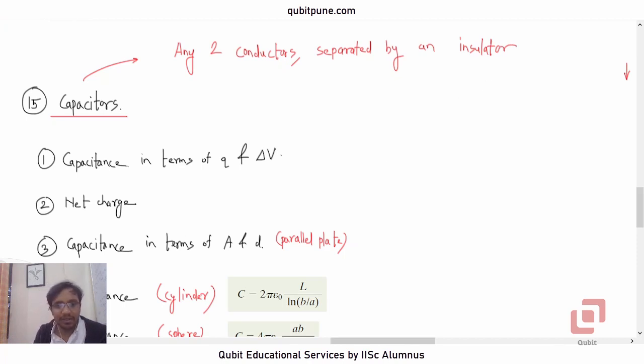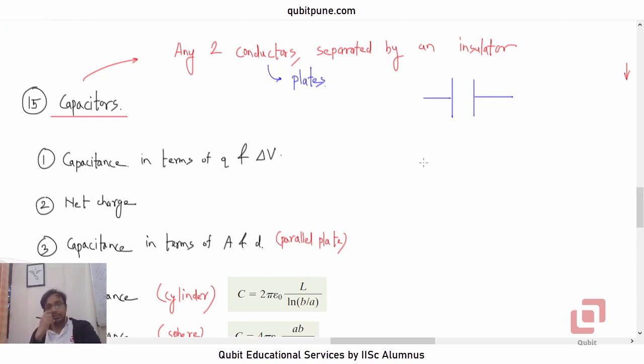There are various configurations, but no matter what the configuration is, the two conductors are often called plates. The most common capacitor that we use for our analysis is a parallel plate capacitor which has two plates. This is the symbol, and even for circuit diagrams we use the same symbol for capacitor.